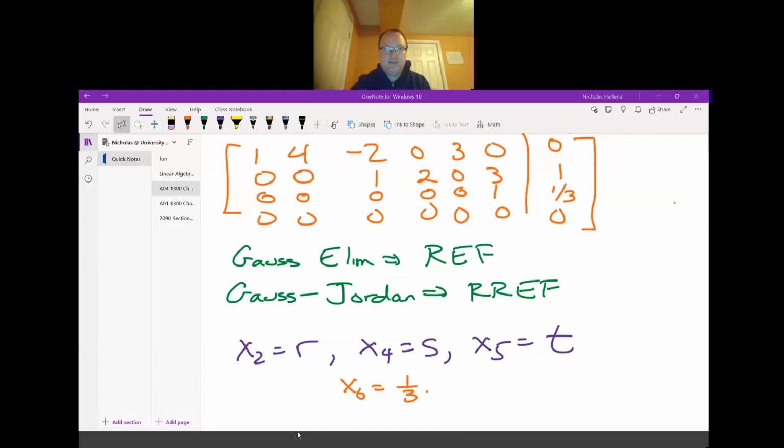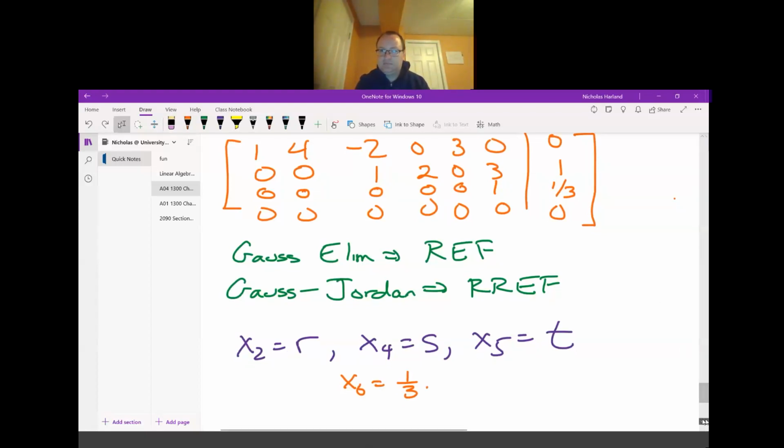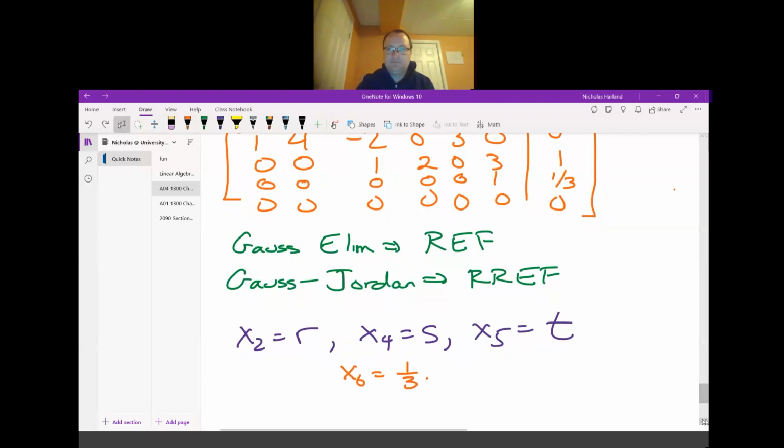All right, what about the second equation? What does that say if we turn it back into the equation world? So x3 plus 2x4 plus 3x6 is equal to 1.